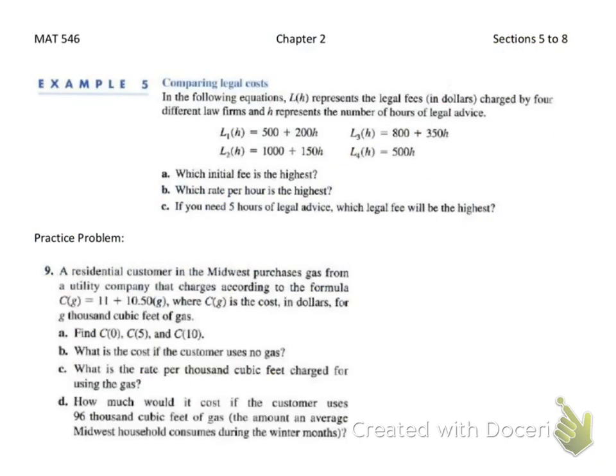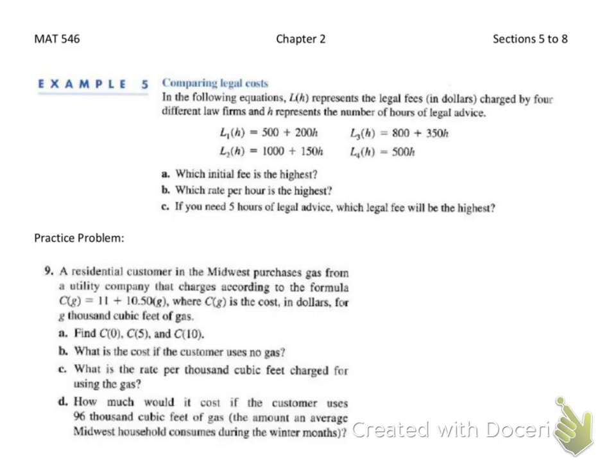In example 5, they're asking us to compare equations that represent legal costs. L of H, where H is your input, represents the legal fees in dollars charged by 4 different law firms, and H represents the number of hours of legal advice. What is the initial fee? Which initial fee is the highest?